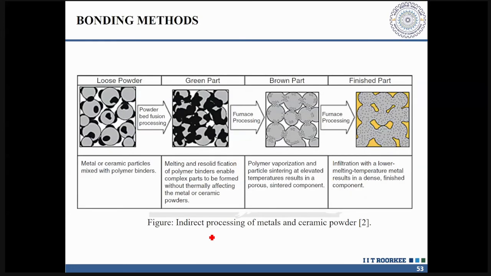Whenever you do the sintering of these particular powders, because you are mixing metals with polymers, metals with ceramics, one will have a low melting point, the other will have a high melting point. So it is not a solid state sintering that occurs over here, but a liquid phase sintering. So see, there are two materials, one is light gray and the other is dark black.